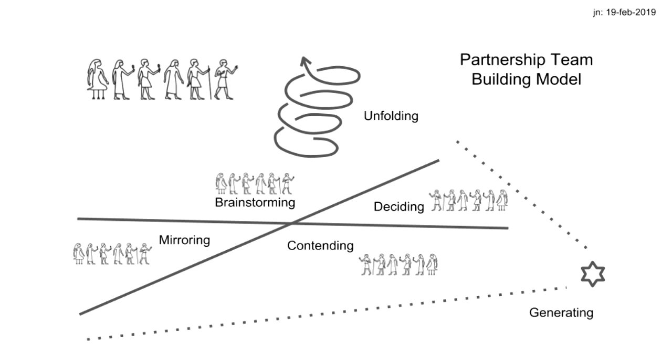That's all good. I've got the little Is One Life Enough band of Egyptians wandering around the Gobi Desert of the soccer field of brainstorming, deciding, contending, and mirroring. But what is with that helix at the top called unfolding? This is the idea of growth that you guys brought up already.